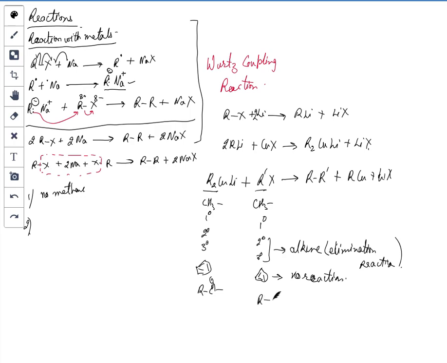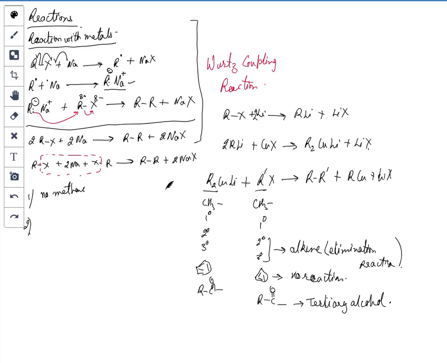And if you have RC double bond O, anything, it is a tertiary alcohol. That's how we end up with these different products. So it's not that it's not going to react with anything, but it's going to give a product which is different from the alkane that we are trying to prepare. Now this is the Corey-House reaction.